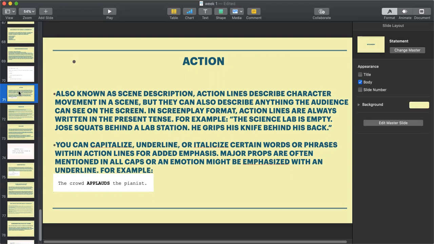So when he is squatting behind a lab station, he is trying to hide somewhere. It automatically tells that he is feeling afraid, right? So you do not write that Yossi is feeling afraid. He is feeling threatened. How will you show that to the audience? That you have to write as the action in the scene description.